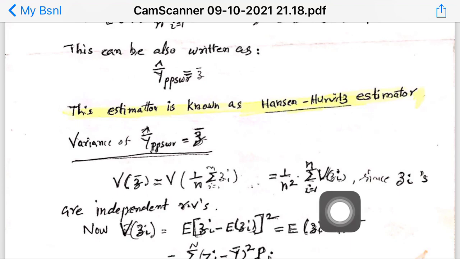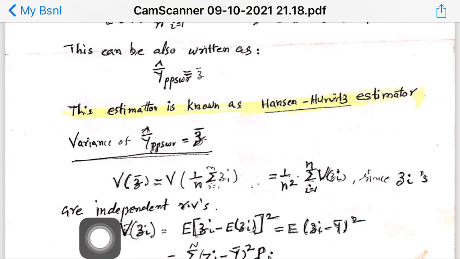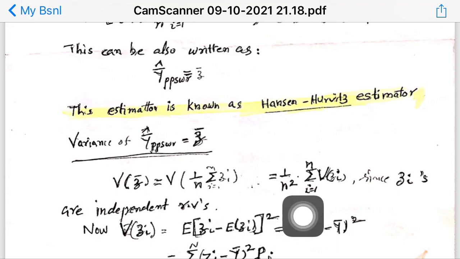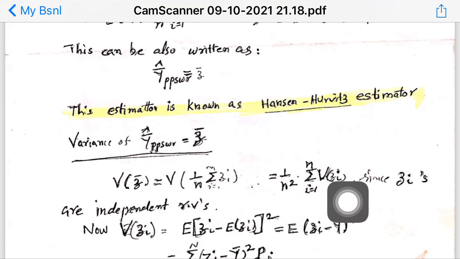And you are not having covariances, because you know that Zi's are independent random variables. Why are Zi's independent? In your sample, you select the first unit and you replace that unit. So the second unit will not depend on the first unit you have already selected. In that sense, all Zi's are independent. Therefore, you won't have a covariance term here, and you will have only the variance term.